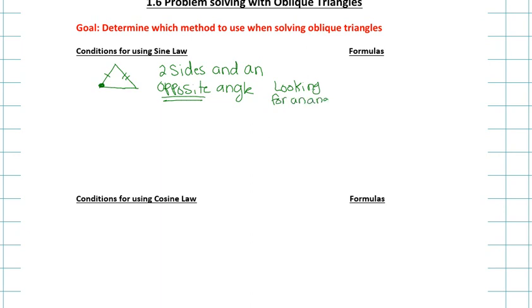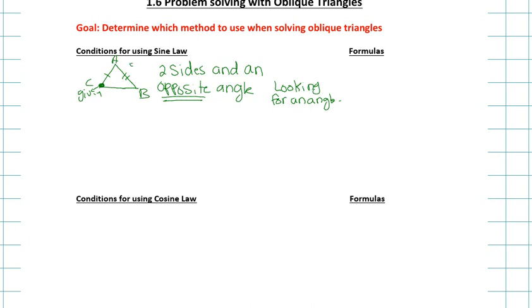Okay? So let's say this is given to you, and these two are given. I'm gonna call it A, B, C. So angle C is given to you, side C is given to you, side B is given to you.